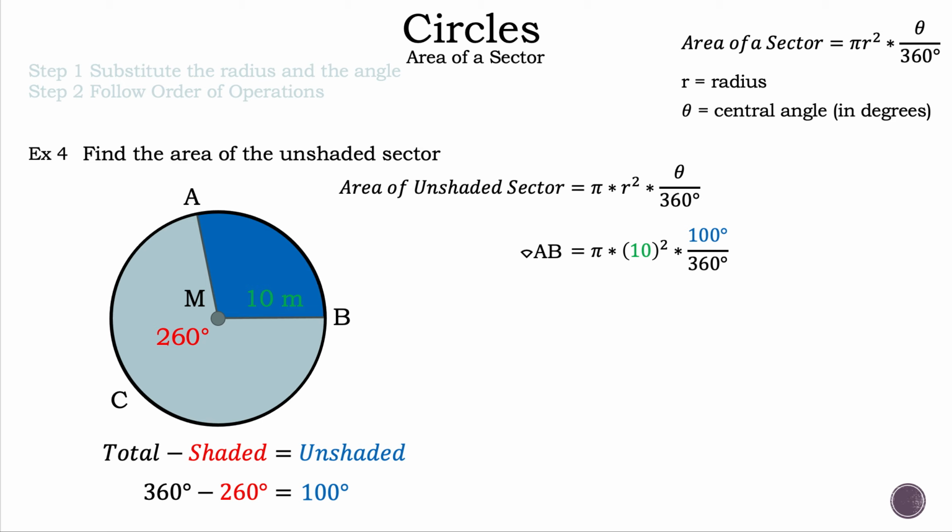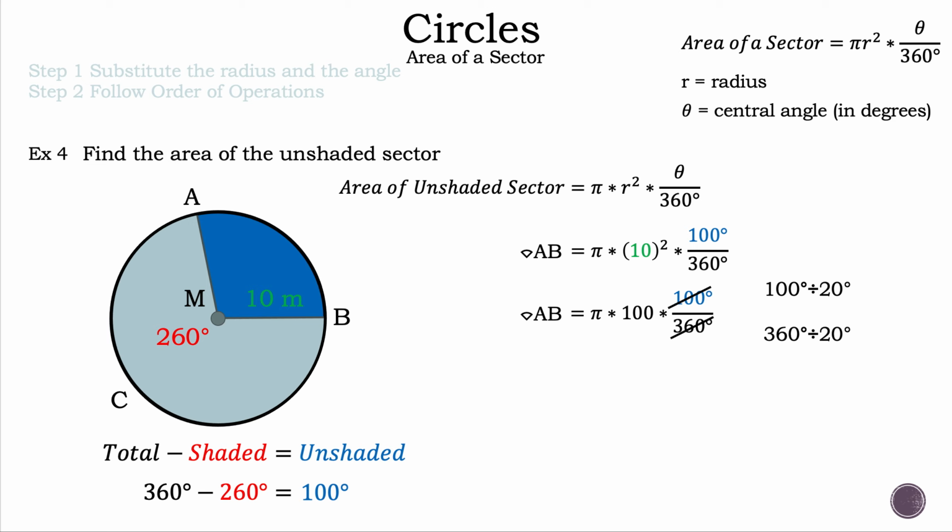We're going to follow the order of operations. We're going to go ahead and square that number 10, and 10 squared is 100 because 10 times 10 is 100. And now we have sector AB is equal to pi times 100 times 100 degrees divided by 360 degrees. Now we're going to go ahead and simplify those degrees, and we're going to divide each degree by the biggest factor they share, and that factor is 20 degrees.